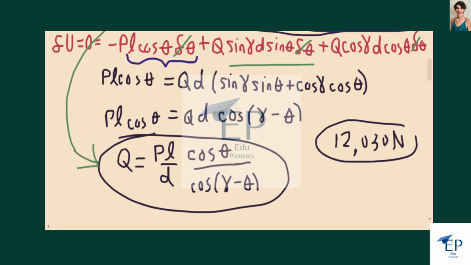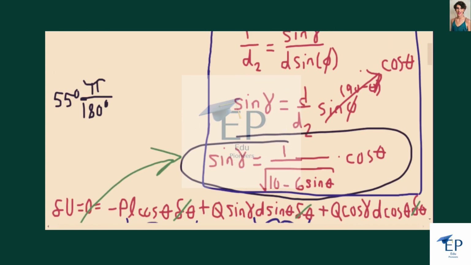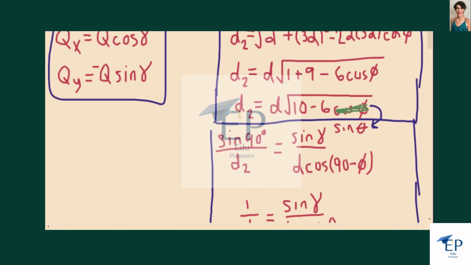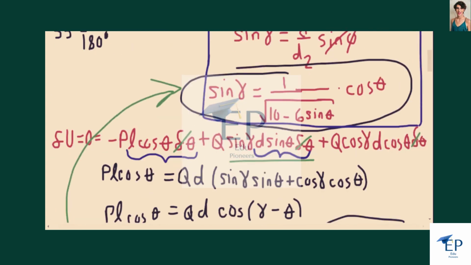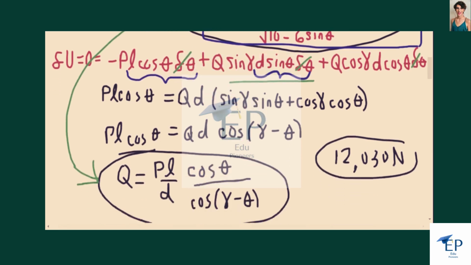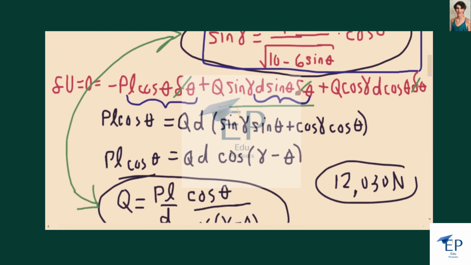P times delta YA, Q sine gamma times delta YC, Q cosine gamma times delta XC.